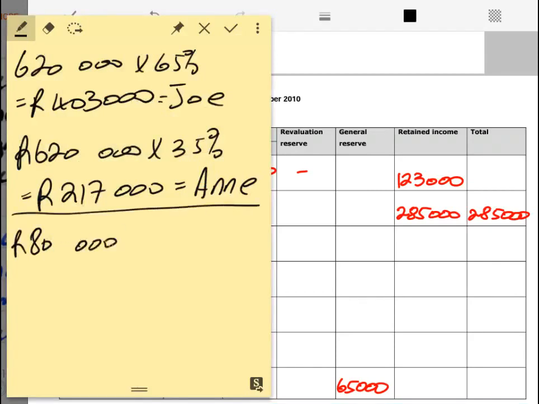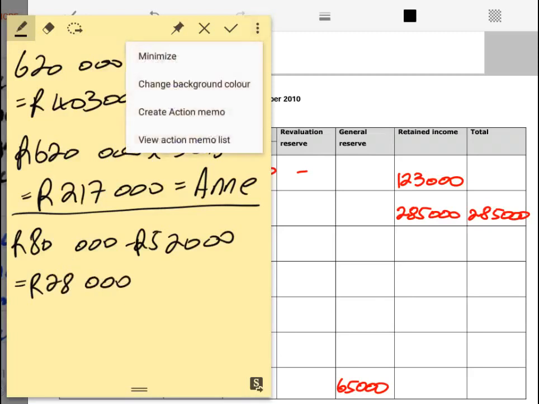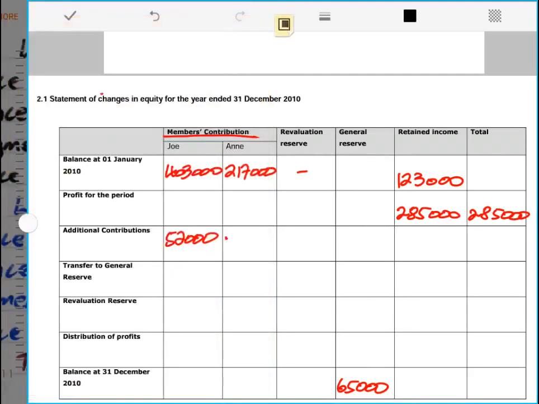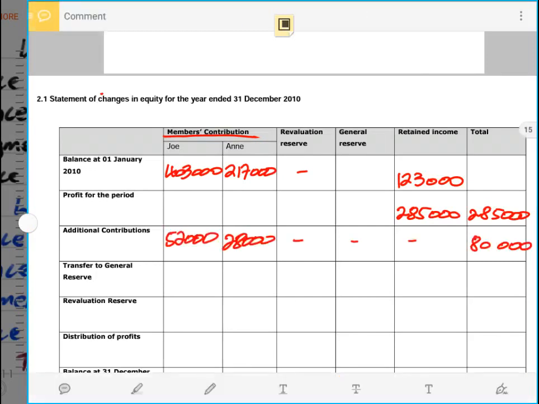If we say 80,000 rands minus 52,000 rands, which is the contribution made by Joe, it means 28,000 rands will be the contribution. We did this calculation before. 28,000 rands will be a contribution by member N, which was a cash contribution. And if you say 52,000 rands plus 28,000 rands, that should give you the amount of 80,000 rands. And the capital contribution only affects the total column. You don't record it anywhere except under the members' contribution. Then after you record it under the total.